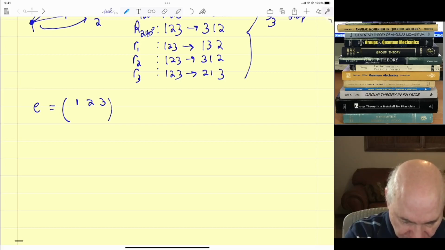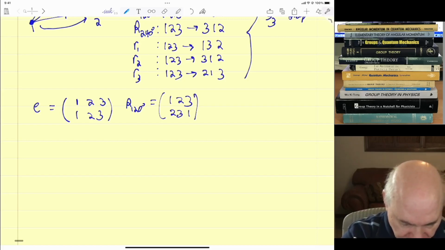These are the numbers you start with, and then they each go to the number below them. There's some advantage to this notation. I'll give an even better notation soon.